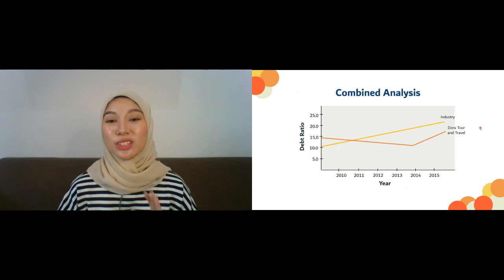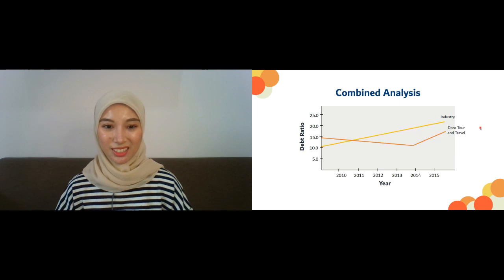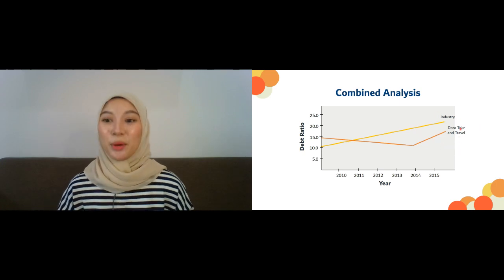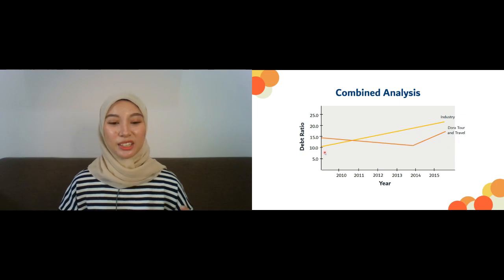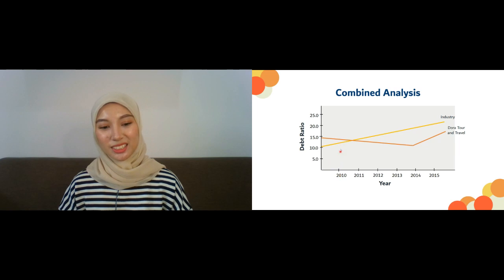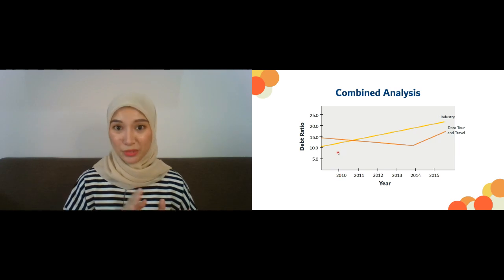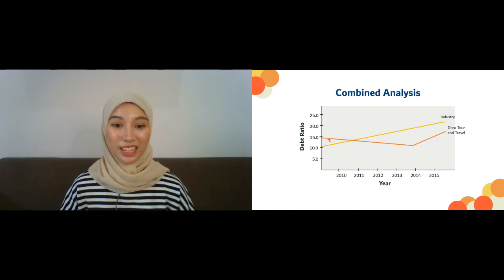You can also use a combination of cross-sectional and time series analysis. For example, here, still talking about Dora Tour and Travel with its industry. We can see that in 2009 until 2010, Dora Tour and Travel's debt ratio is much higher compared to the industry.